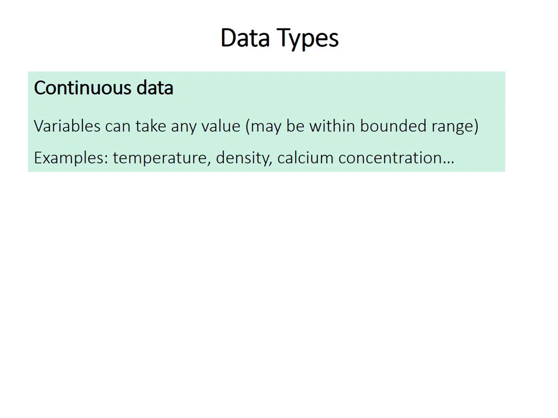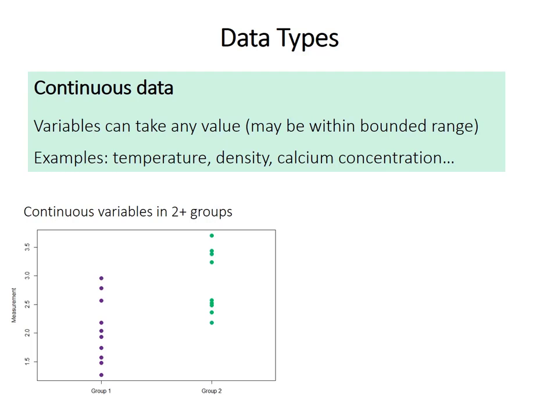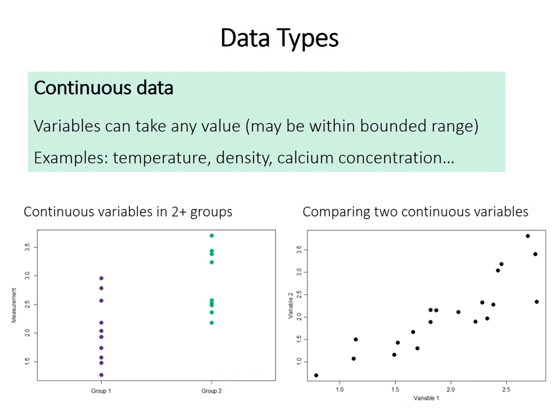So there are tests that are designed to compare continuous variables between two or more groups, as well as tests designed to examine the relationship between two or more, I suppose, continuous variables. We'll talk about those specific tests in upcoming weeks, but for now it is important just to understand what continuous data is.